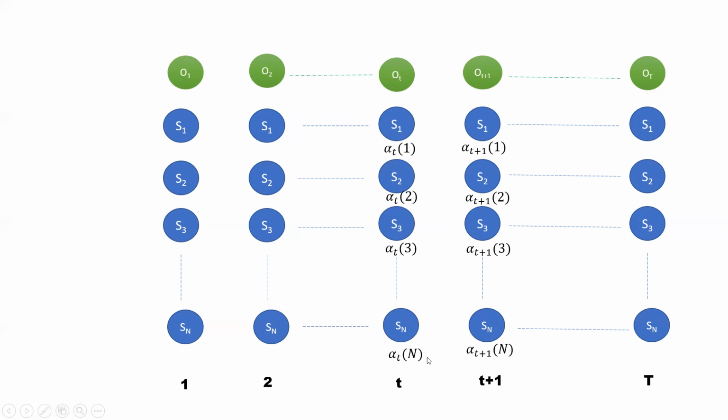Similarly, alpha t of n means the probability of emitting this sequence up to OT by state n.